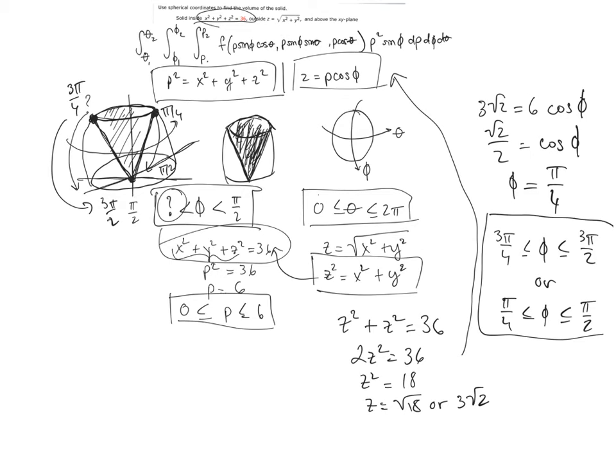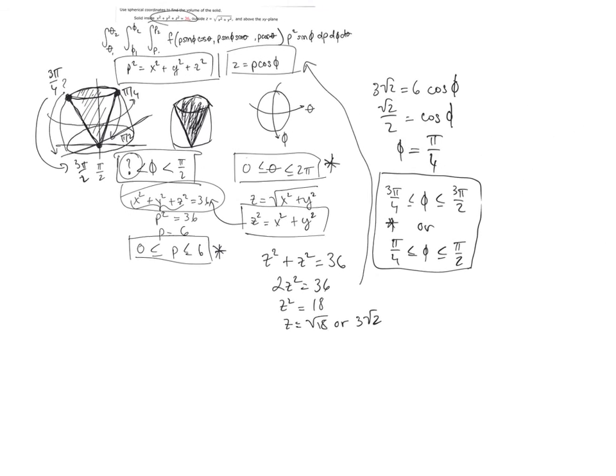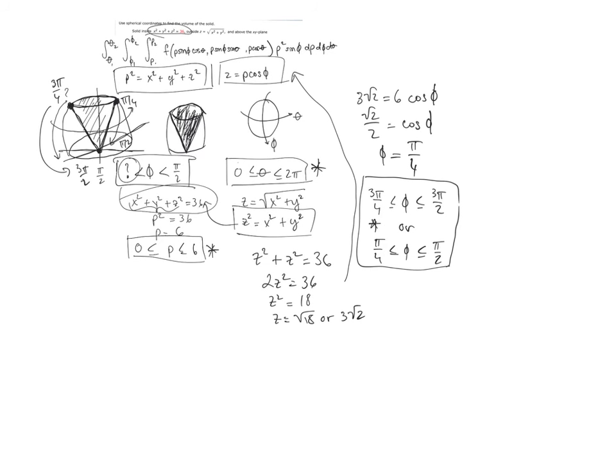Now you have all three components. You can plug them into your integral. So now you can set up your integral. So the triple integral is 0 to 2 pi for theta.